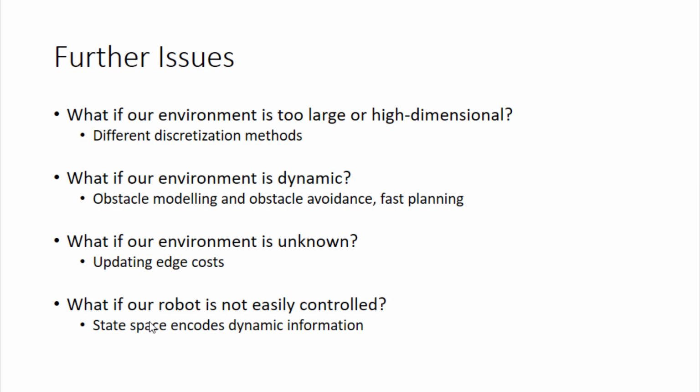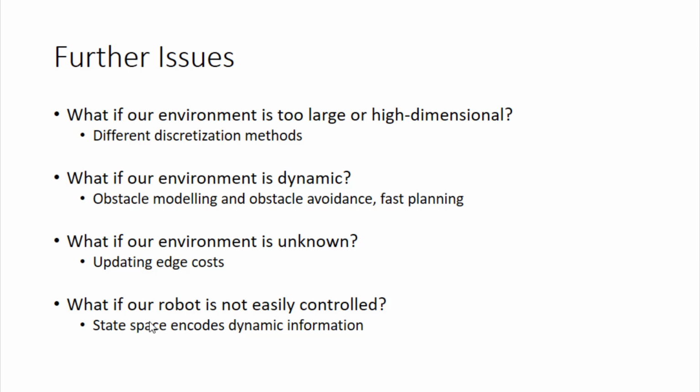There are lots of further issues in path planning. I put some of the most fundamental questions here. What if our environment is too large, or high dimensional? If it's too large, then it might take too long to search through, so we have to find a different way to make it discrete so that our discretization is more efficient. What if our environment is dynamic?